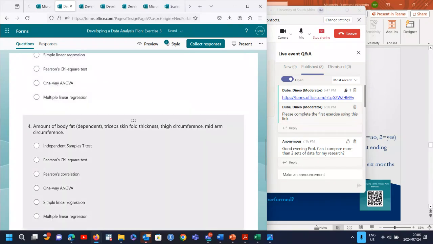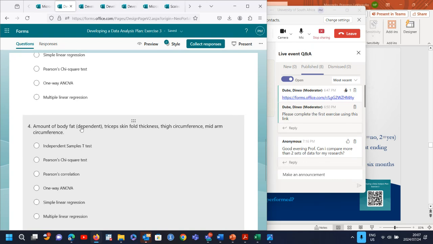The fourth one, so you've got this many variables, but the one that is dependent is the amount of body fat. So you have amount of body fat, you have tricep skin fold thickness, thigh circumference, mid-arm circumference.